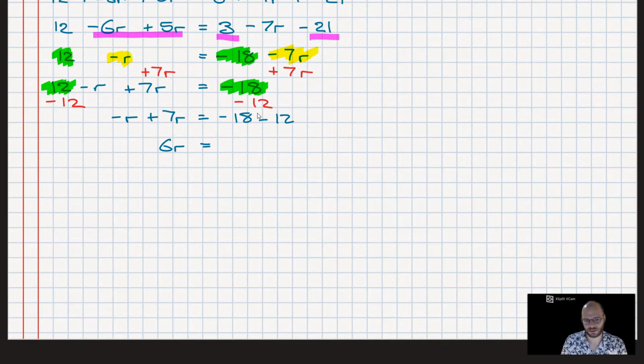Minus 18 minus 12 is minus 30. Dealing with the coefficient of 6 now, we're going to divide by 6, both sides, which will yield r equals 30 divided by 6, and therefore that's an integer, and we can say r is therefore equal to 5.